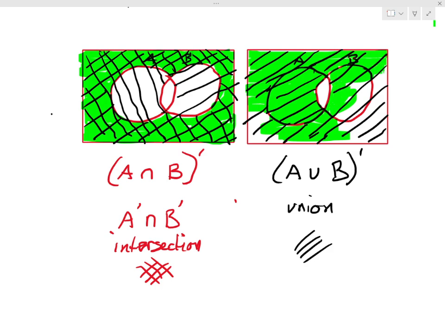So it's everything apart from that little bit in the middle. Everything apart from the little bit in the middle. So that is the area of there. So there you go. So that is the lesson on Venn diagrams.